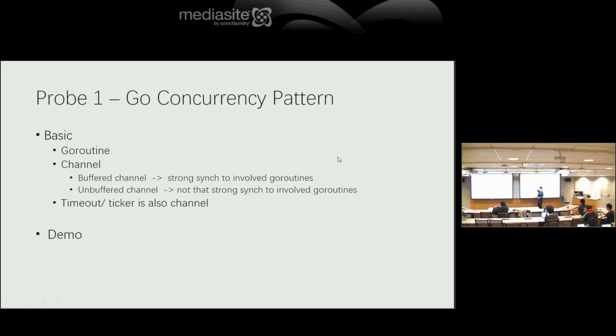Inside the channel, there are two kinds, buffered and unbuffered, and also the timeout and the ticker are a kind of channel. So if you use the ticker, actually you are using the channel to communicate between different routines. Each Go routine is a separate process, I assume. Yeah. And the channel is really inter-process communication.